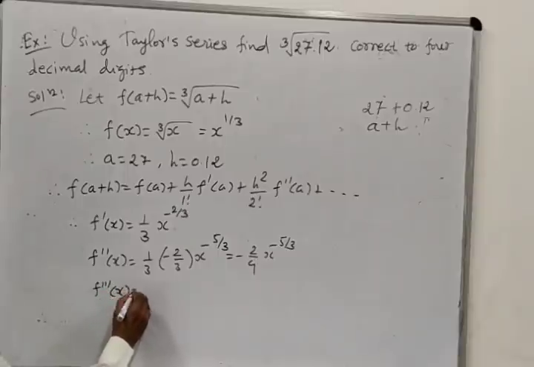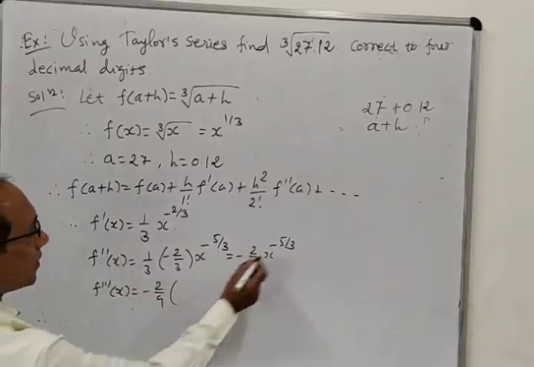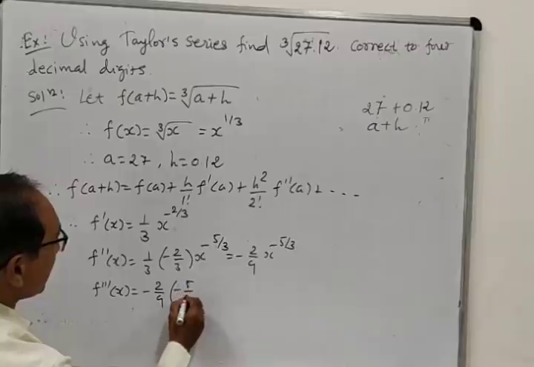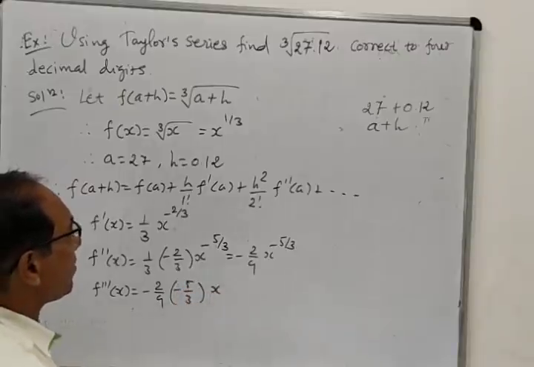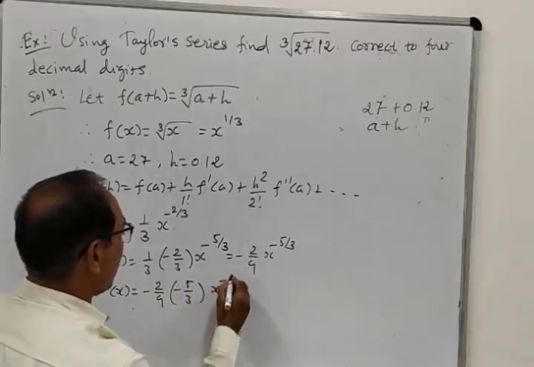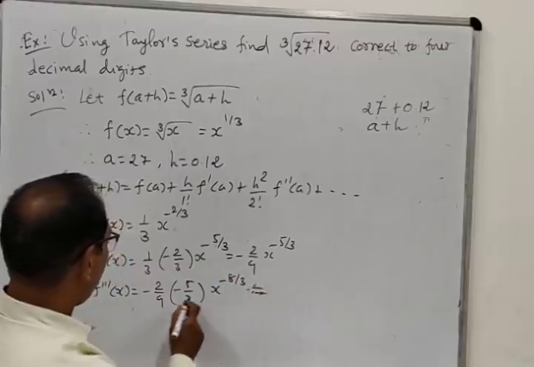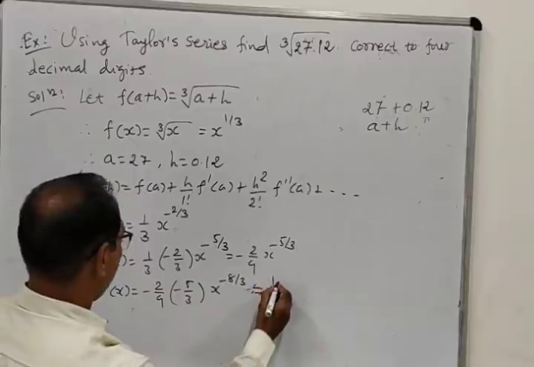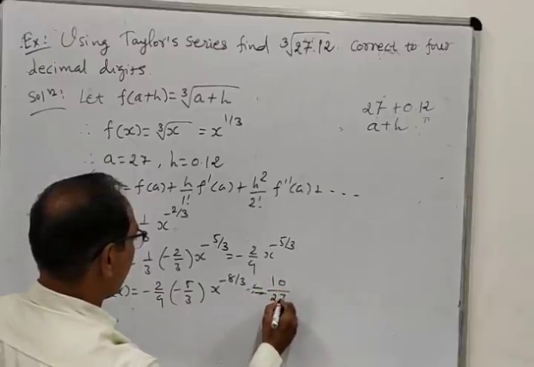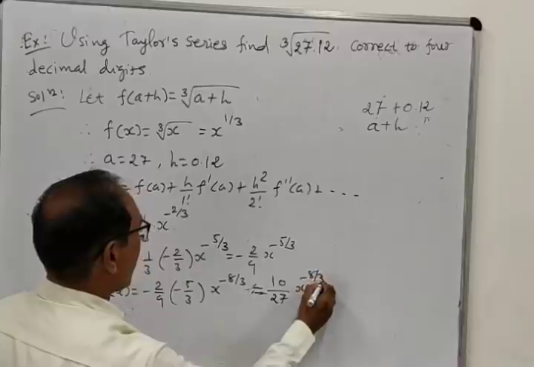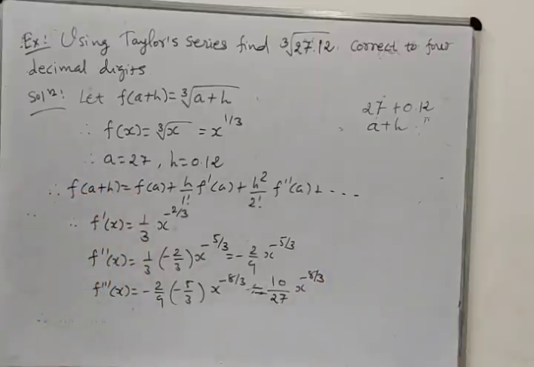Triple derivative of x is minus 2 by 9, and its derivative is minus 5 by 3 into x raised to minus 5 by 3 minus 1, that means minus 8 by 3. So this equals 5 2s are 10, 9 3s are 27, into x raised to minus 8 by 3. Okay, so we will find their values.